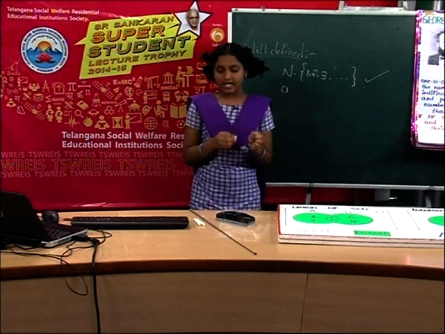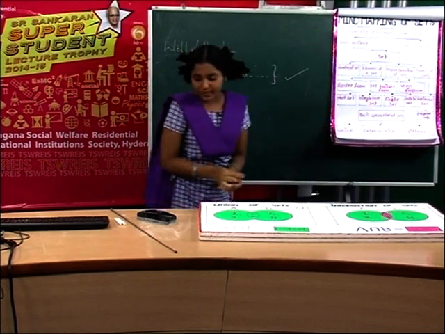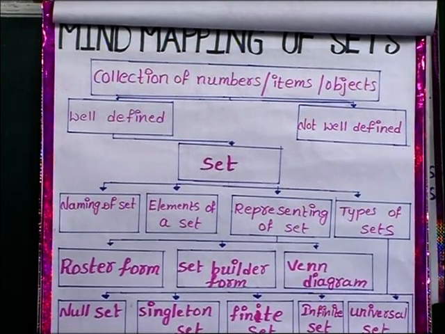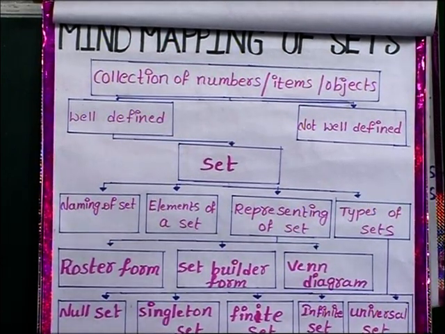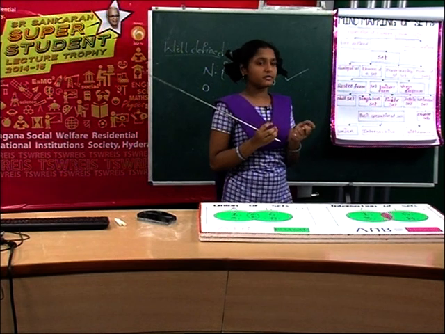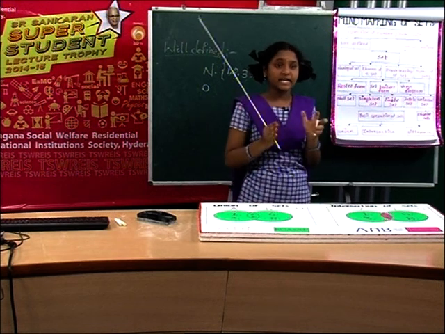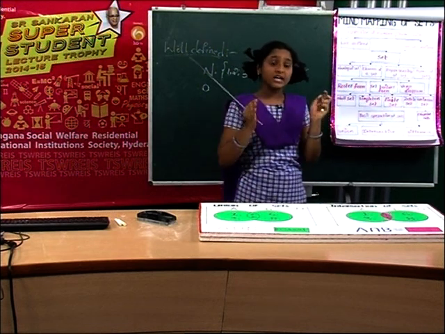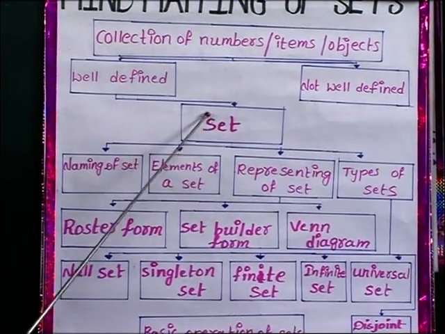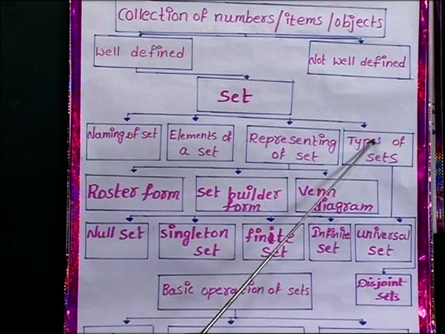And now next, this is the mind map of sets. From any objects, whether they are objects, numbers or anything else, a well defined collection together is known as a set. In sets, there are subunits: naming of sets, elements of sets, representing sets, and types of sets.